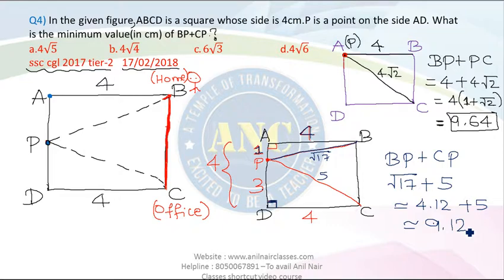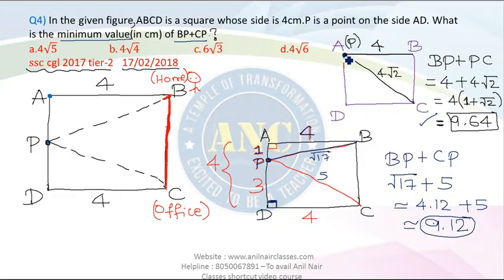Now see here, sir, not the answer basically. If the point P is exactly coinciding at point A, you got the total value as 9.64. But when it is moving little down, your value is reduced. But the question says you want to find the minimum value of BP plus CP. That means this point P should keep coming down.